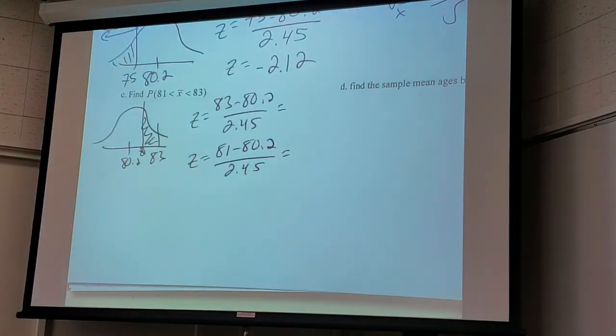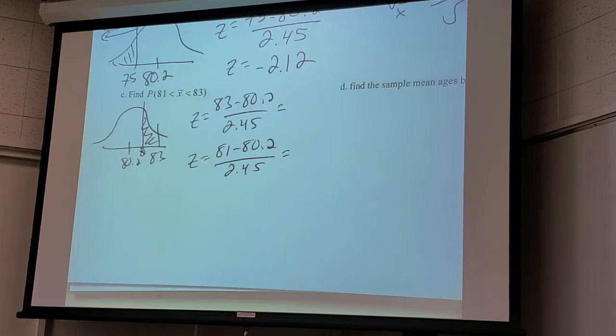Change those to z-scores. .17. You don't need to figure out if the z-score changed. Say again, sorry?